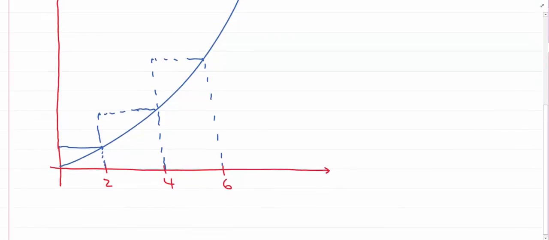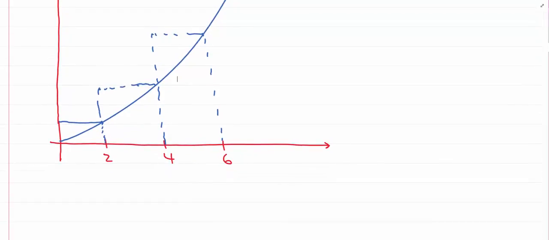Let's see what I can do. I'm going to calculate the area of this first rectangle. This first rectangle is 2 times f of 2, right? We've got the width and the height; f of 2 is the height. Does everybody see that? Now, f of 2 is 4, but let me leave it like that for now.